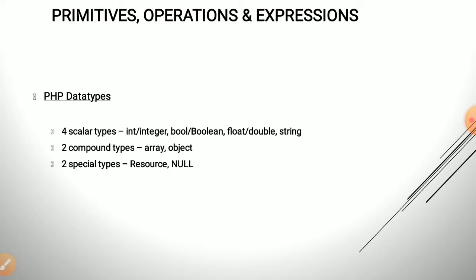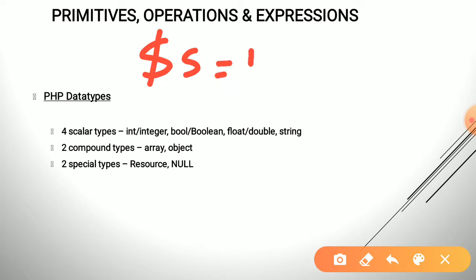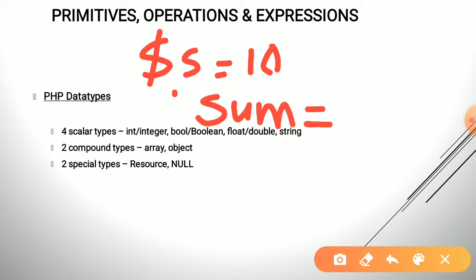For example, suppose a variable $s equal to 10. Then suppose we are trying to print the value of this by putting it in single quotes, that is, sum equal to $s.